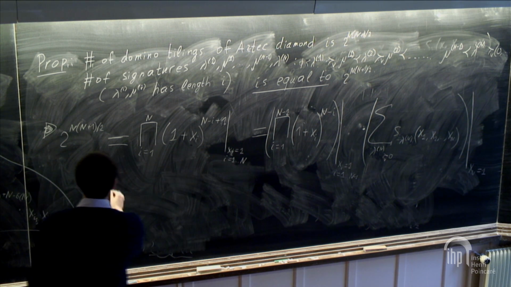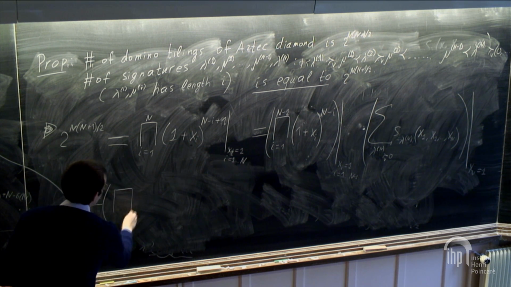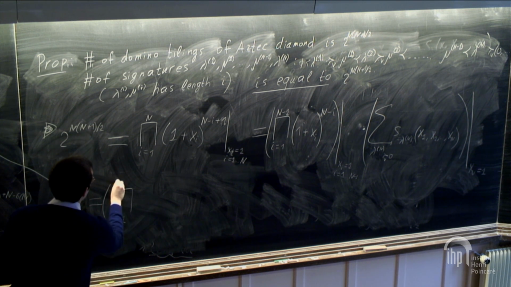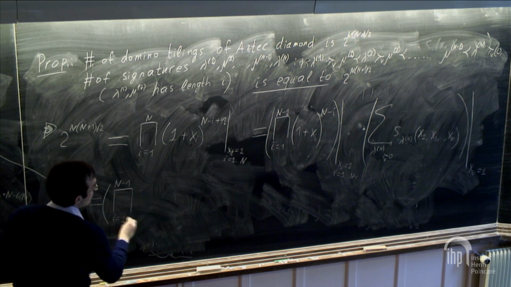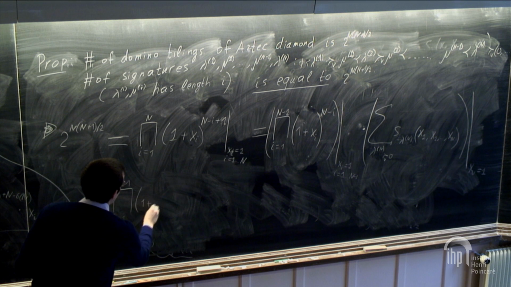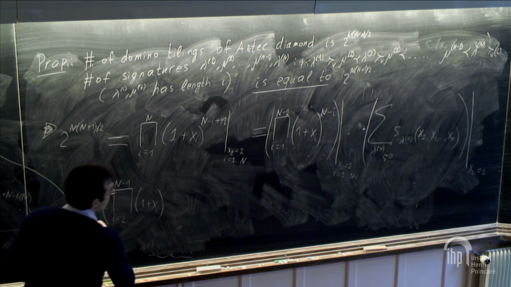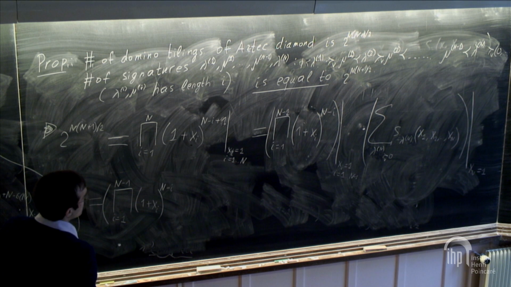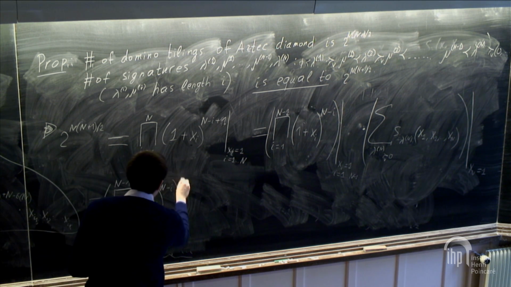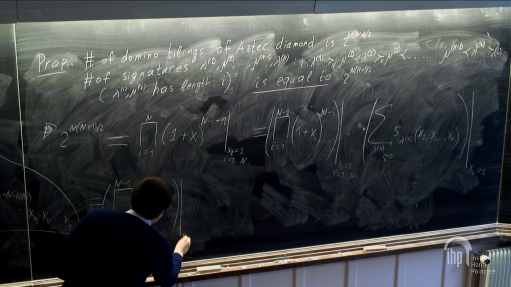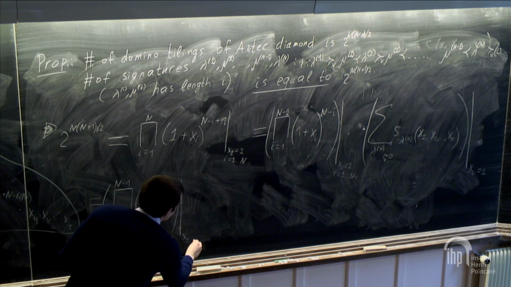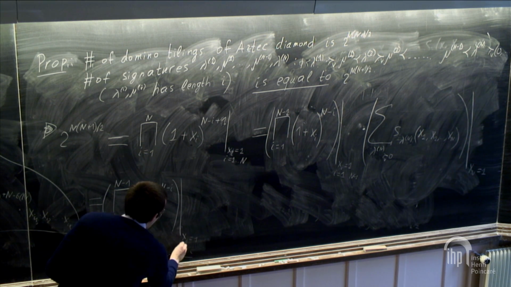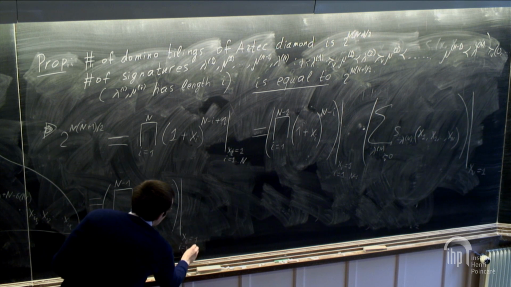So this strange factor in the beginning will remain, the product from i equals 1 to n minus 1 of (1 plus xi) to the power n minus i. All evaluations in this variable x1, xi equals 1, i from 1 to n minus 1.